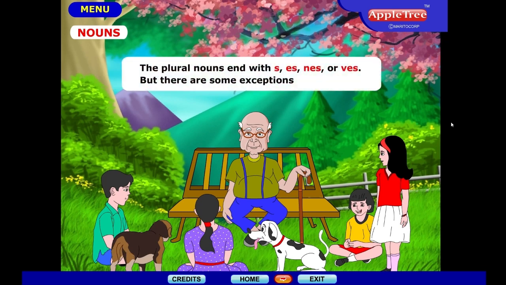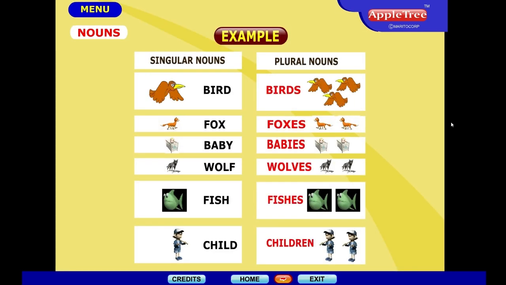Normally, the plural nouns end with s, es, ies, or ves, but there are some exceptions. Here are some examples. The nouns at your left are singular nouns which refer to either one person, one animal, or a thing.